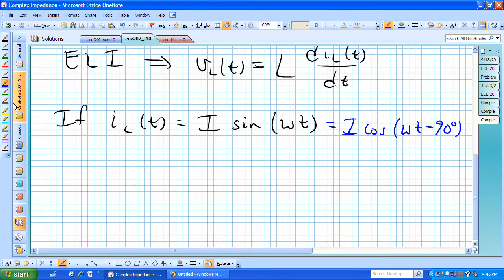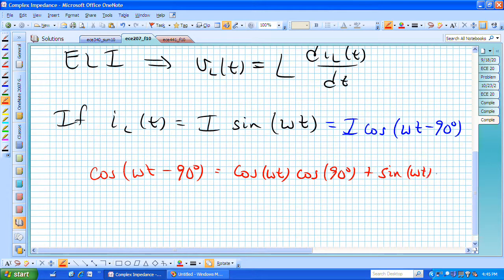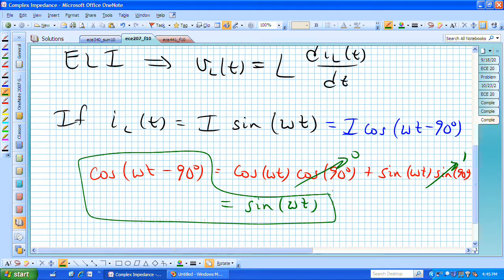And that's because we know the cosine of the sum of two angles is just the cosine of A and B plus the sine of A and B. We know that the cosine of 90 degrees is 0, the sine of 90 degrees is 1, consequently this is the formula that we were just using, that the sine of omega t is cosine omega t minus 90 degrees.